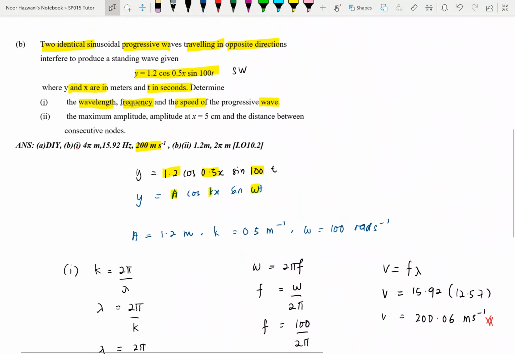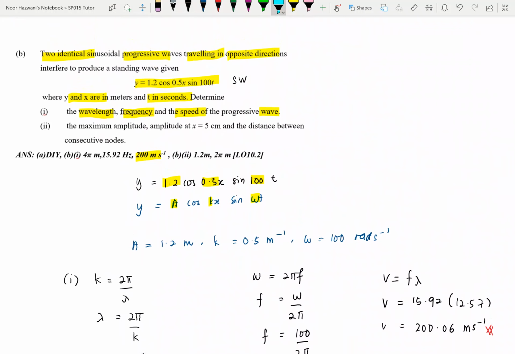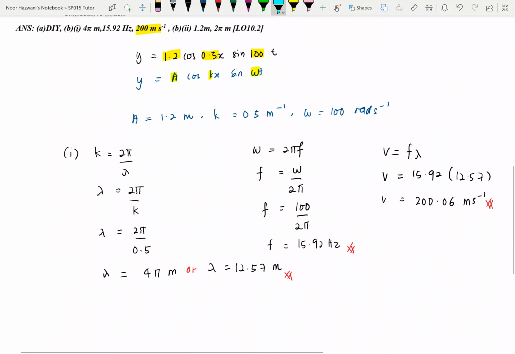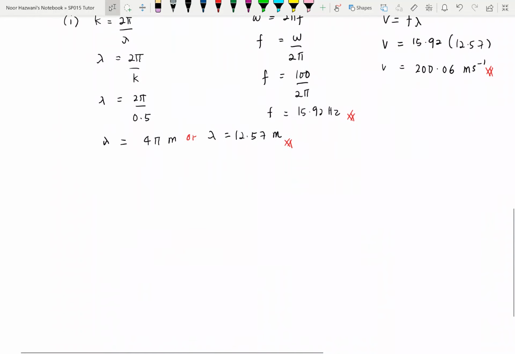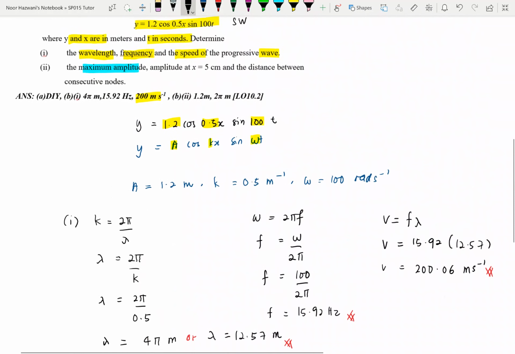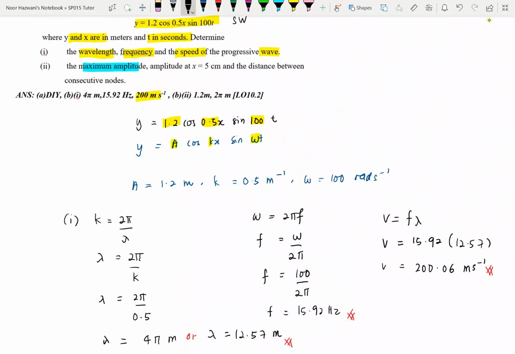Okay, so settle untuk part 1 and then proceed to part 2. It asking for the maximum amplitude. So just ambil terus daripada equation tadi, which is A equals to 1.2 meter. Okay, and then next it asking for the amplitude at X sama dengan 5 cm.